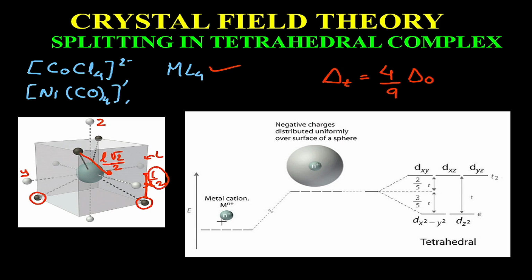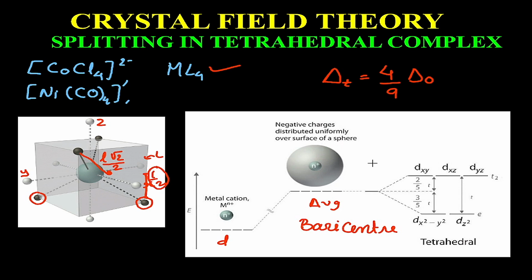As we have seen earlier, initially all the five d orbitals are degenerate, having the same energy. Now as the ligands come closer, they form a uniformly distributed spherical structure, and this is our average energy state, also known as the barycenter. The splitting takes place with respect to the barycenter, wherein the ligands orient themselves in such a way as to minimize the repulsion.